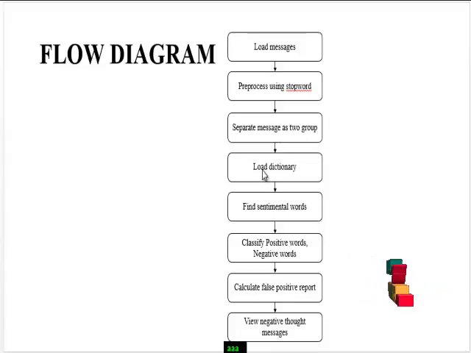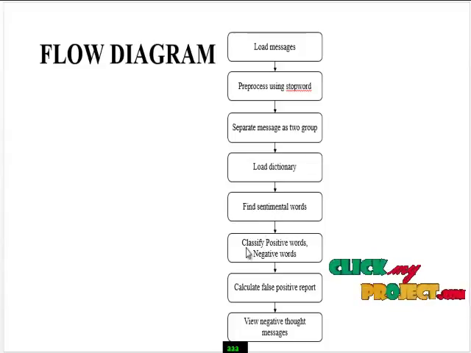The next process is to load the dictionary. Here we load our dictionary to compare against our two groups. The next process is to find sentimental words, and then we classify our positive words and negative words.